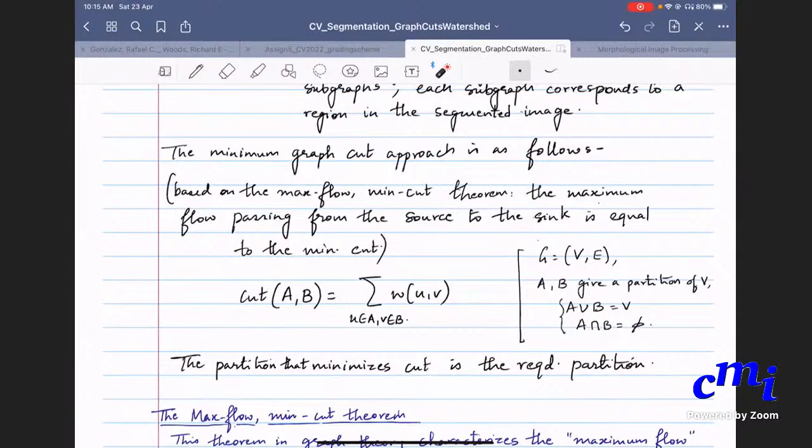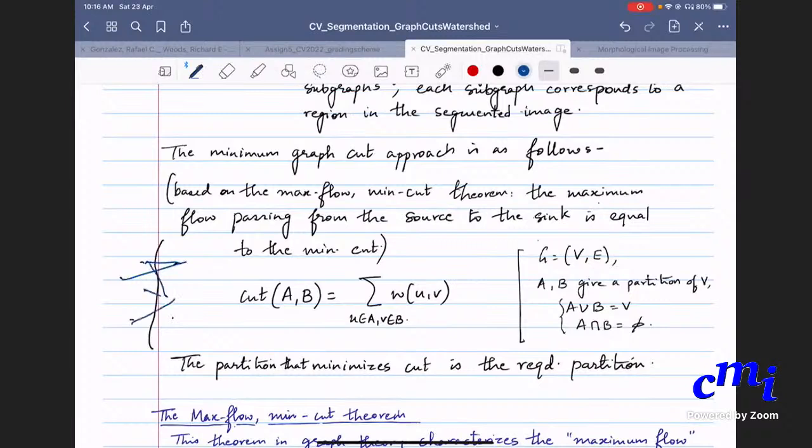So we want to minimize this sum of edges. We will define what that sum of edges is first. It is the sum of the weights W_UV, where U is in A and V is in B. Suppose you have some graph, a set of vertices, which you have partitioned into two sets, and then you have edges between all of these.